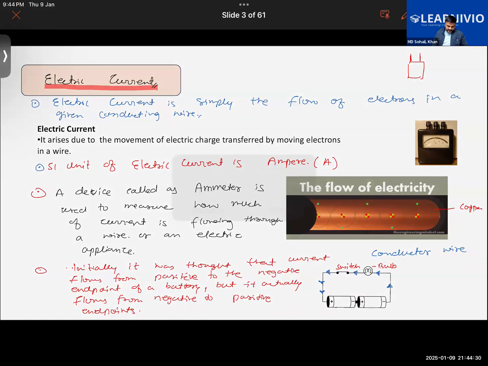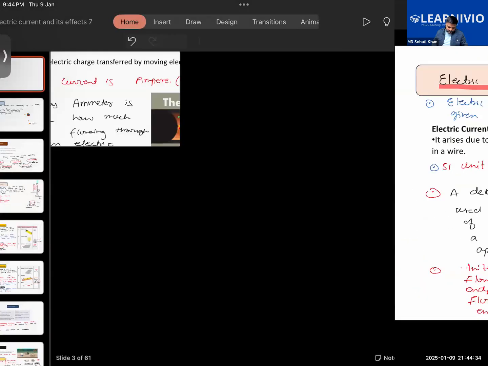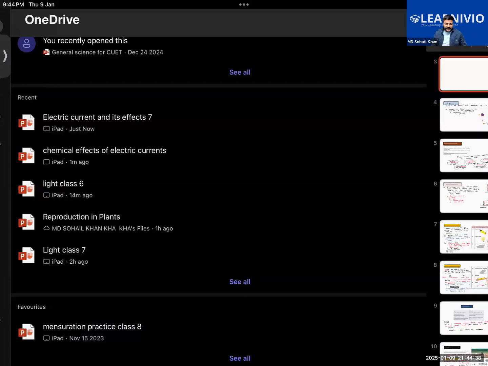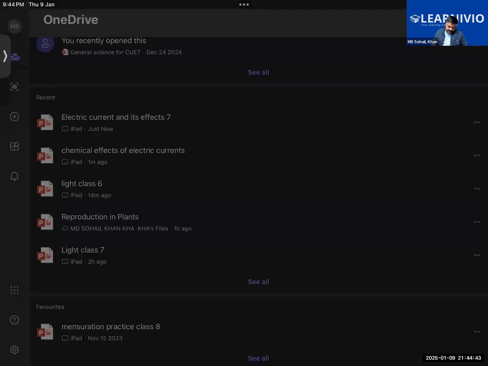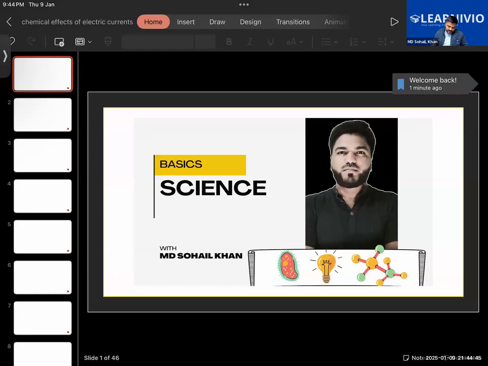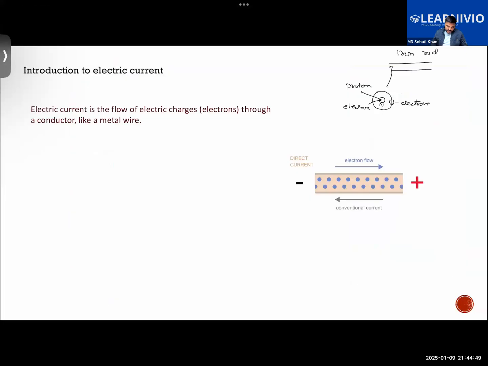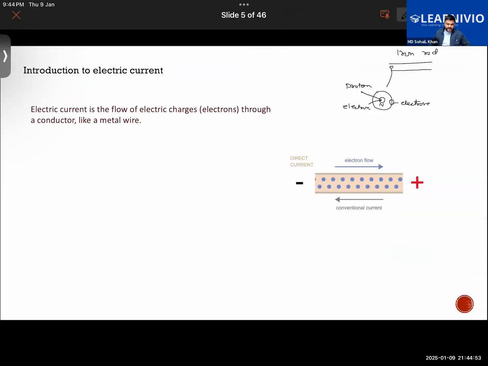So that's the basic thing about electric current and how it is generated. Then the question is, how do we measure the electric current? Just like you have to measure the weight of something, you need some weighing scale, right? So in order to measure this also, we need some instruments, some appliances.